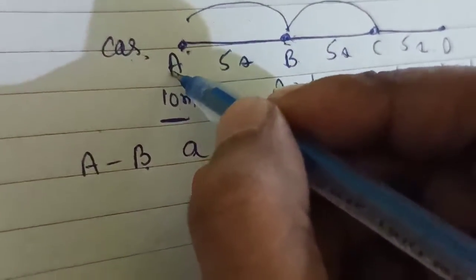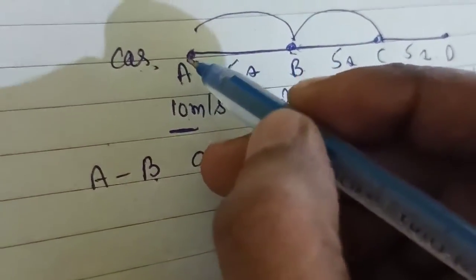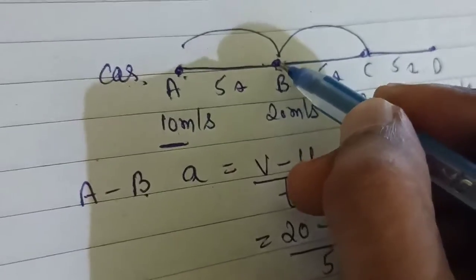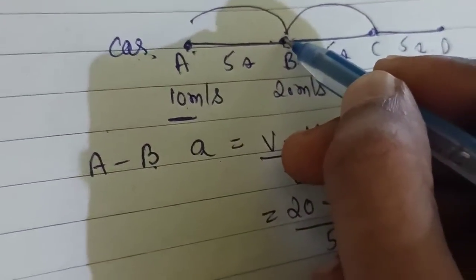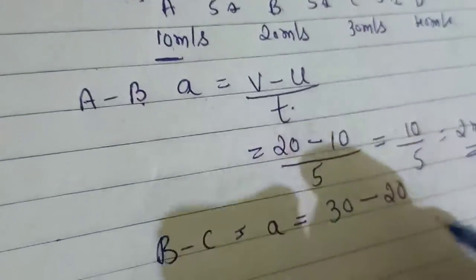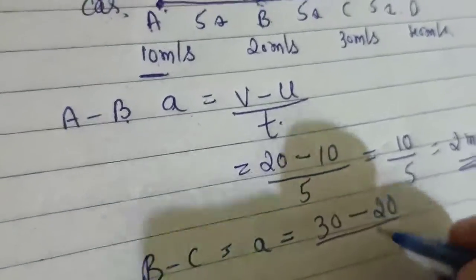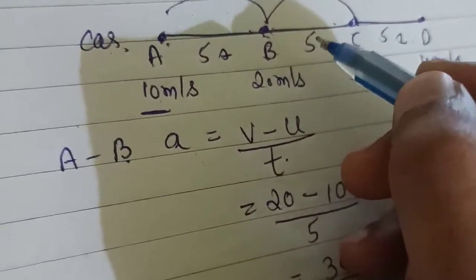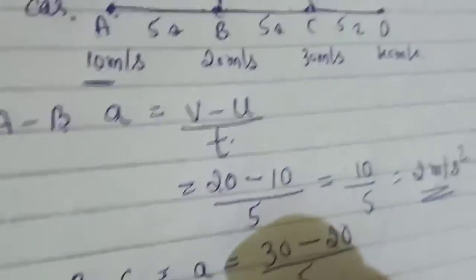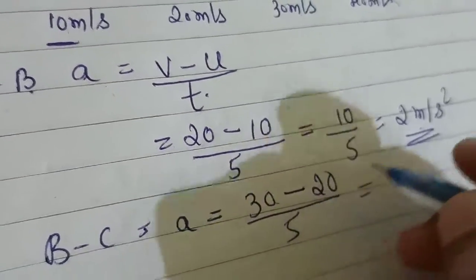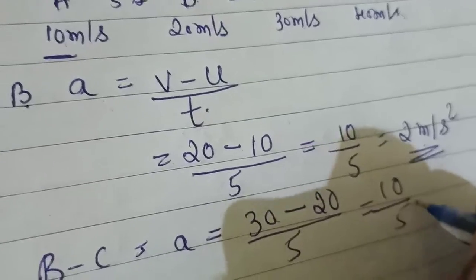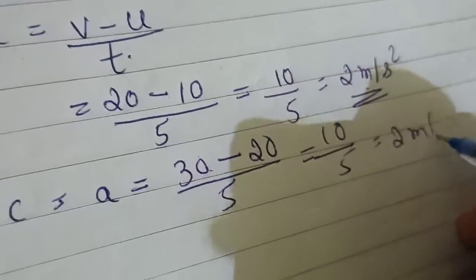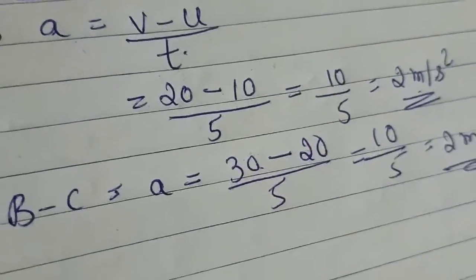Please don't take 10, because the car has already moved from A to B. Now it is moving from B to C, so B will be the initial velocity and C will be the final velocity. The time from B to C is also an equal interval, that is 5 seconds. So 30 minus 20 is 10, divided by 5. You got 2 meter per second square.